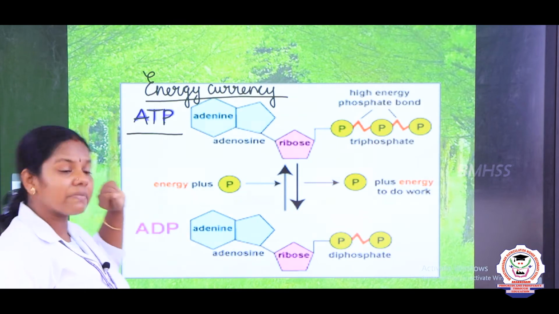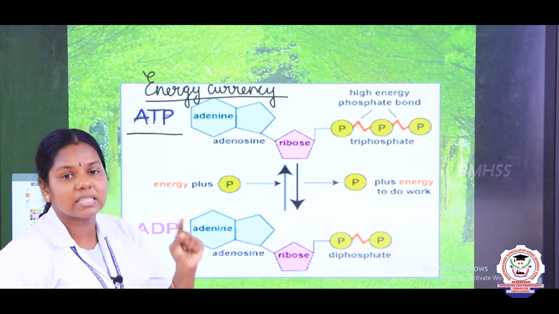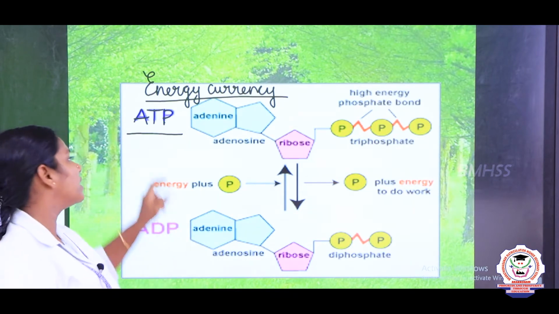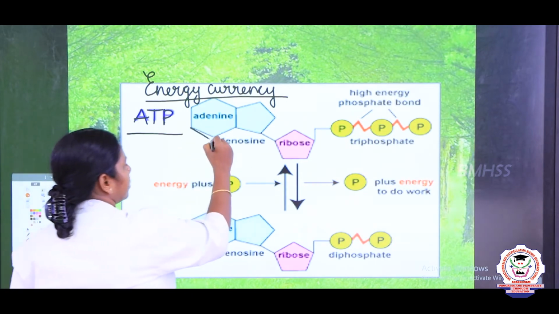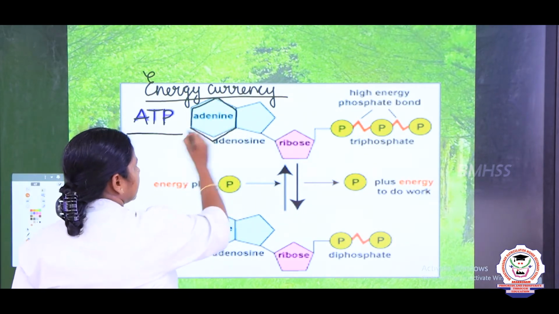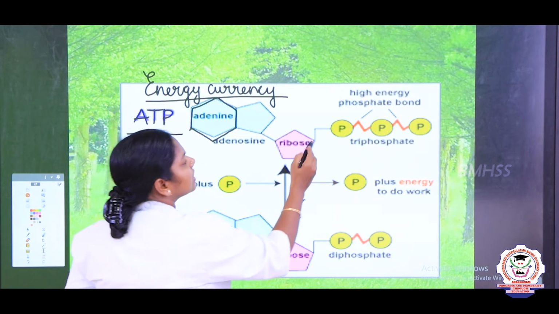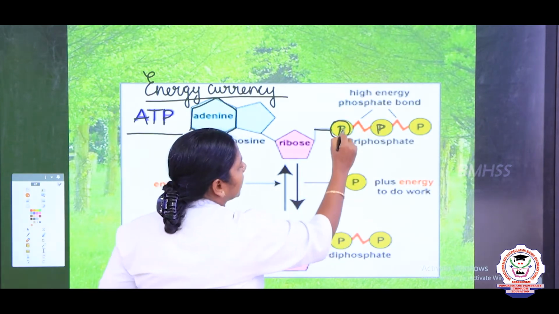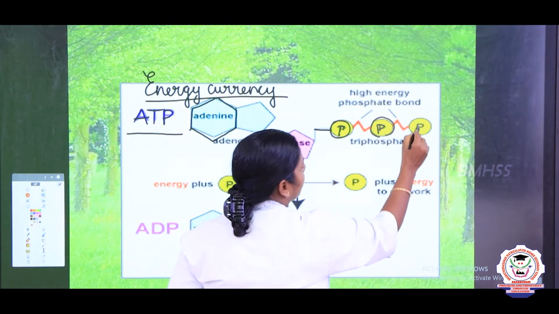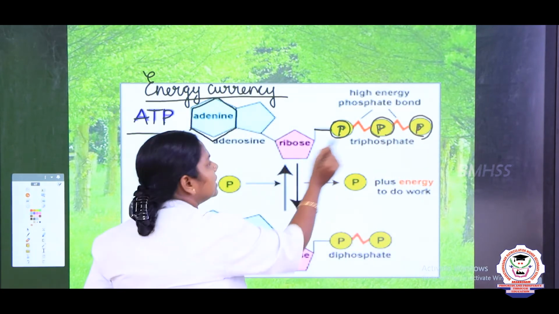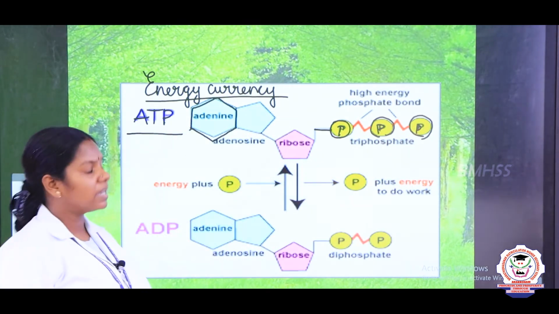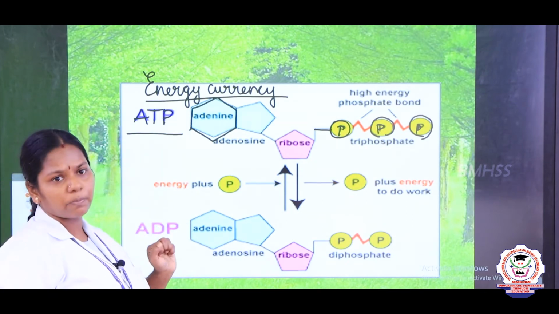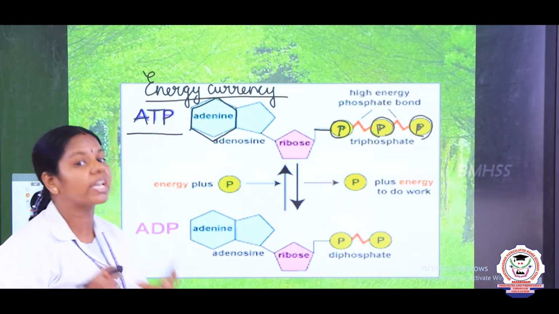And why do we say it as ATP? Adenosine triphosphate. Adenine is a nitrogen base, right? And with this, 3 phosphate groups are attached. So adenosine triphosphate, we can call it a storage battery.